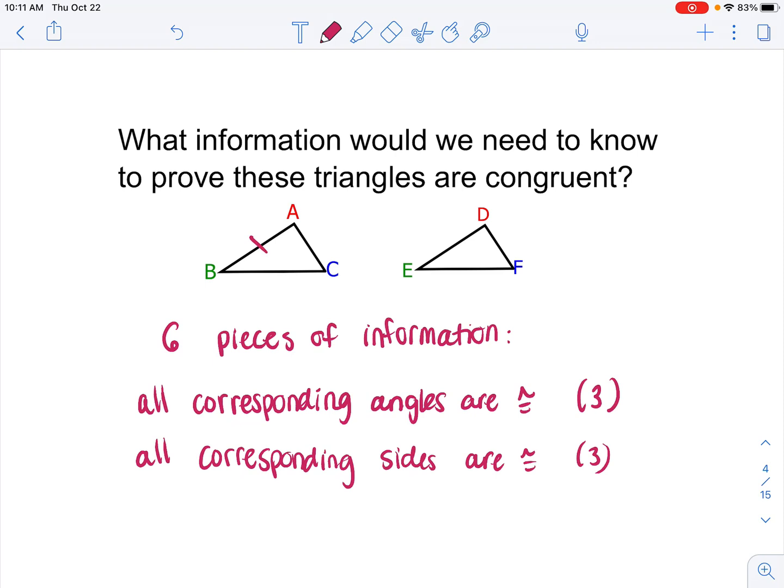So if we can prove every bit of these 2 triangles are congruent, 3 tick marks, then we can say that because all of their corresponding parts match up, all the vertex points match up and are congruent, then we can show that the triangles themselves are congruent. But right now we need 6 pieces of information to do that. We need to prove that all the angles are congruent and all the corresponding sides are congruent.